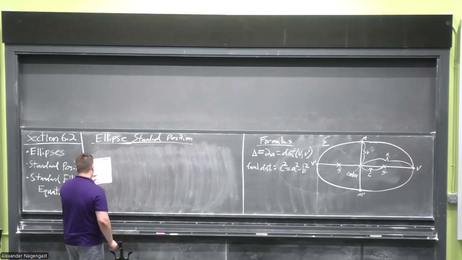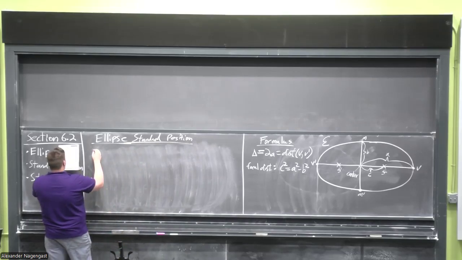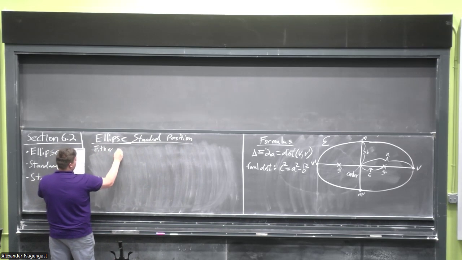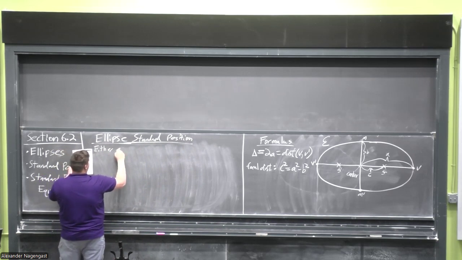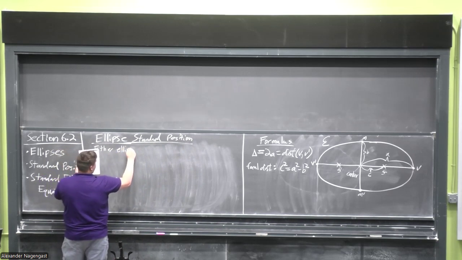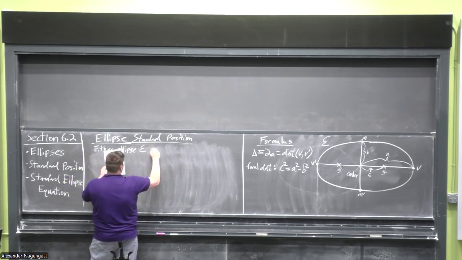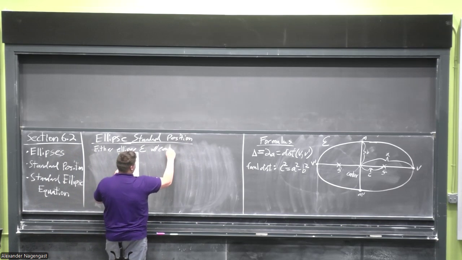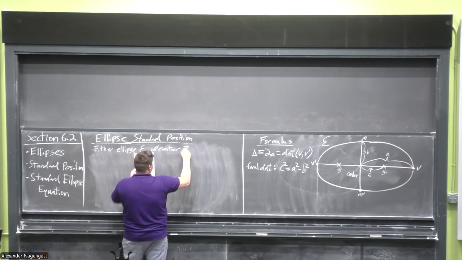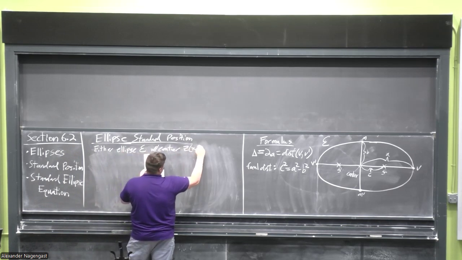We have either ellipse E with center Z of x naught, y naught.